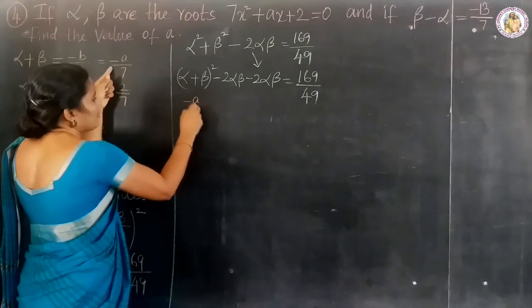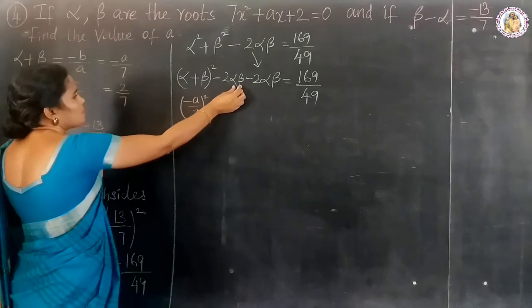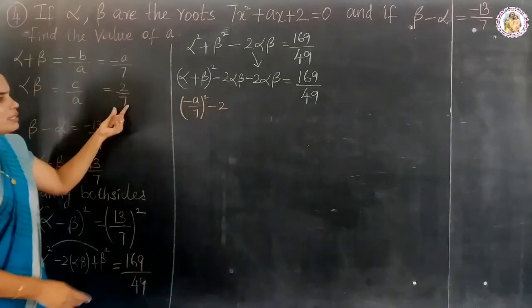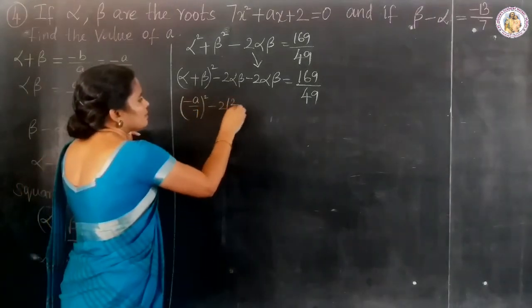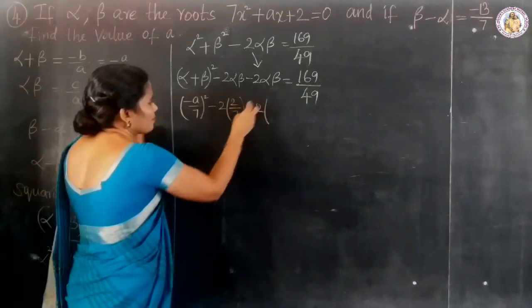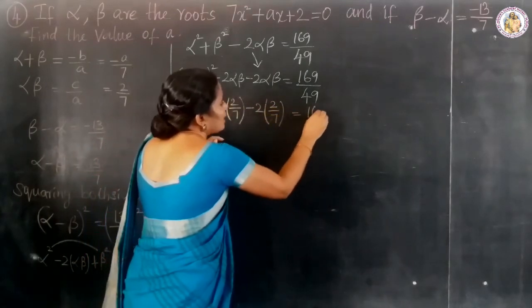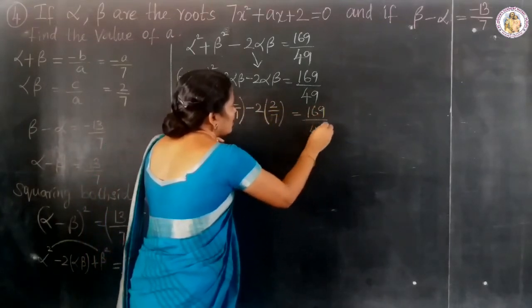Minus a by 7 whole square minus 2 alpha into beta, that is product of the roots 2 by 7. 2 by 7 minus 2 alpha into beta, 2 by 7 is equal to 169 by 49.